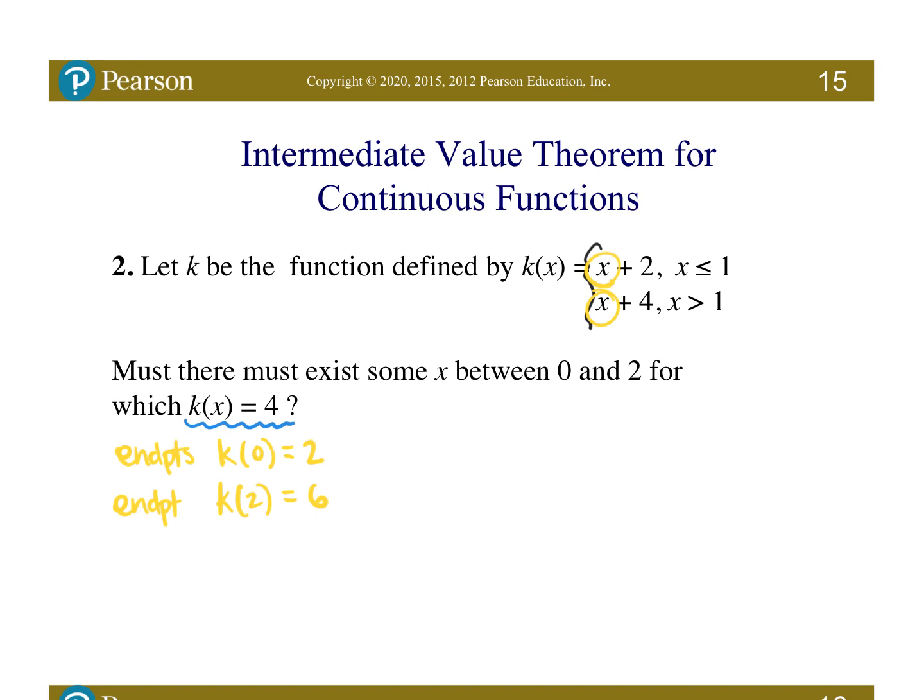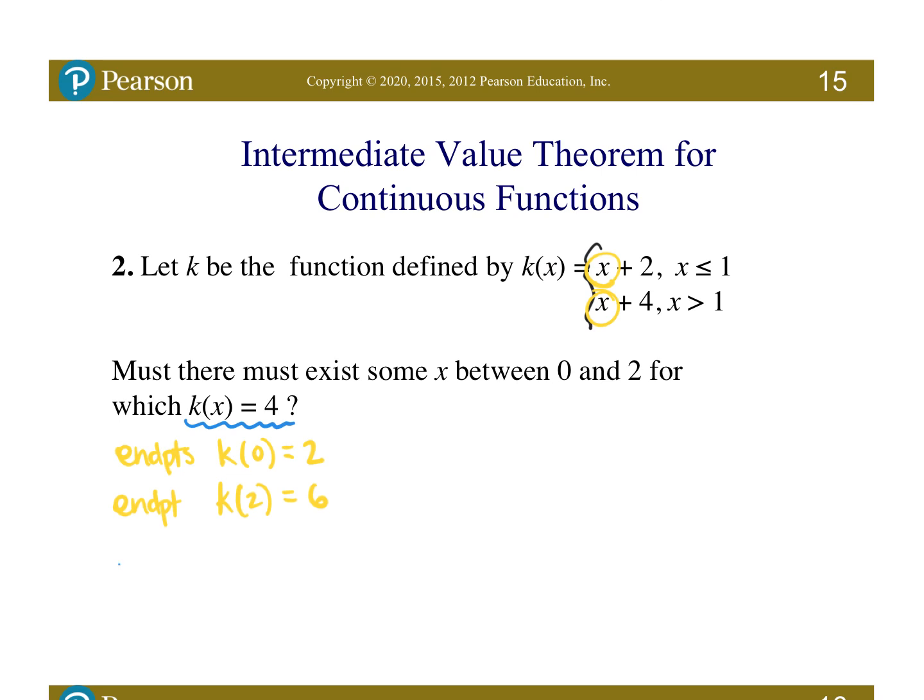I hope you are coming to the conclusion that the answer is no. Even though 2 and 6 look like 4 is between them, we weren't told that this function is continuous. And if the function is not continuous, the IVT doesn't apply. So we better check the continuity of this function.